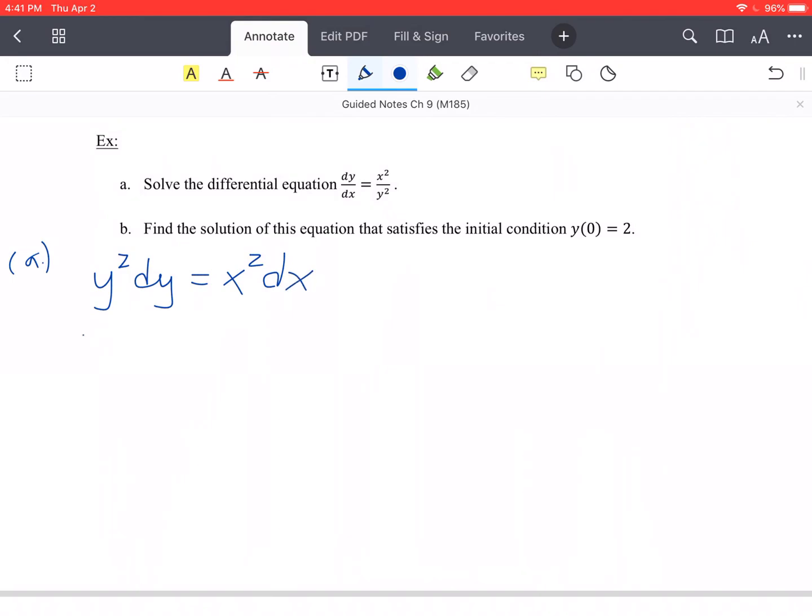Integrate both sides: the integral of y squared dy equals the integral of x squared dx. This gives us 1/3 y cubed equals 1/3 x cubed plus c.